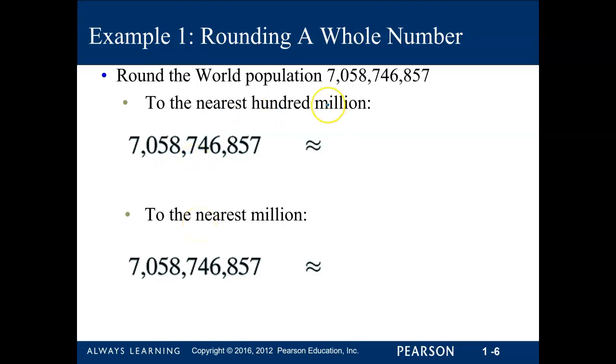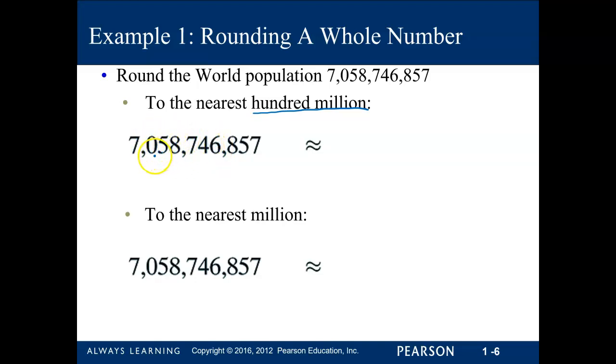So let's have some examples here. In this given situation, the population of the world is 7,058,746,857. As you can see, there are lots of different digits here. So we can give an approximation if we try to round it to the nearest 100 million. Now, if you go back to your basics with the place values, these are your units, these are your thousands, and the millions are this group.